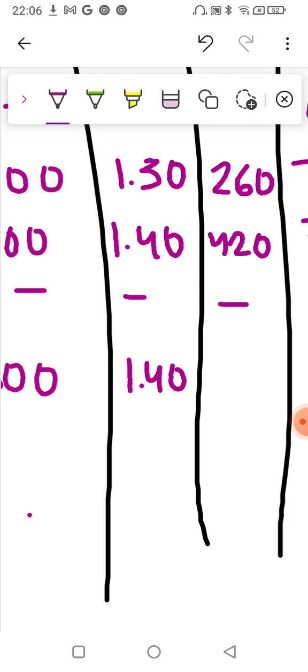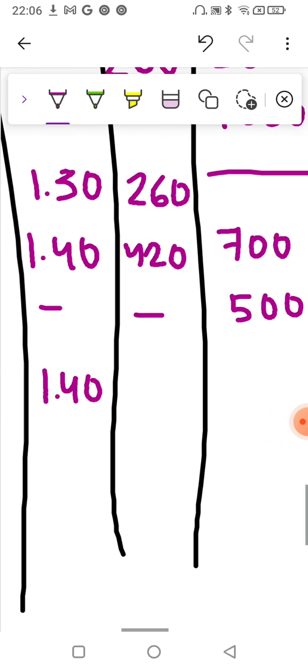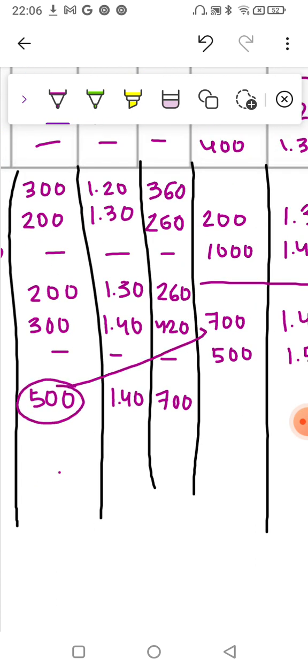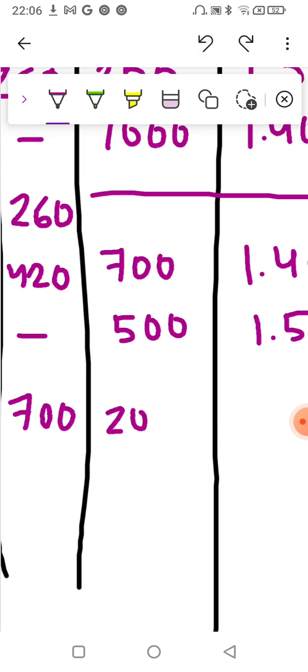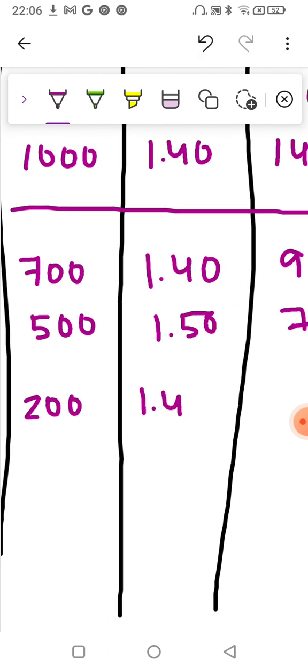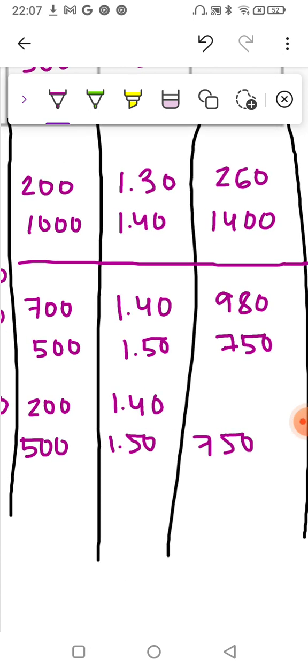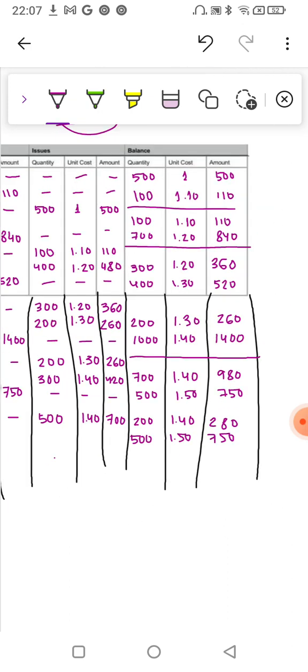Multiplying 500 by 1.40, we get 700. Now this 500 is gone from the 700, so 200 remains of the 1.40 category and 500 remains of 1.50 as it is. The 200 that remains for the 1.40 category is 280 in amount. Once that is done, this is done.